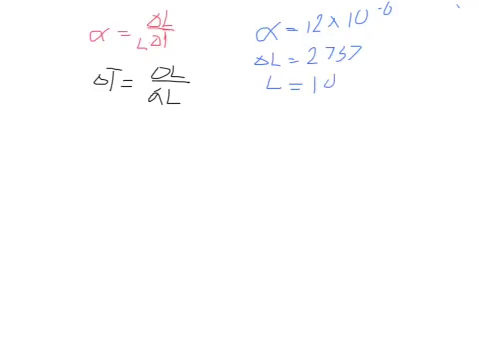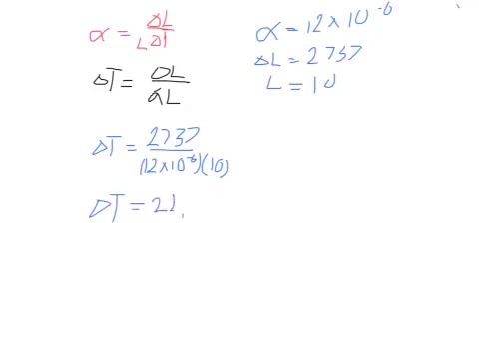So we plug in what we know, we get delta T equals 2737 over alpha 12 times 10 to the negative 6th times 10, and delta T equals 22,725,000 degrees Celsius.